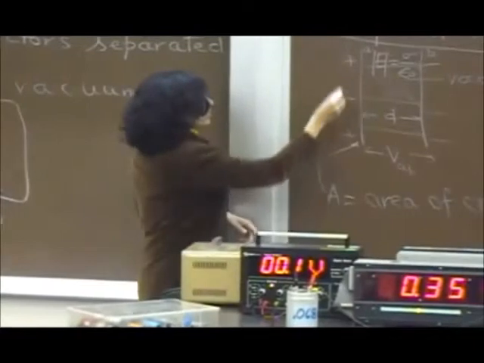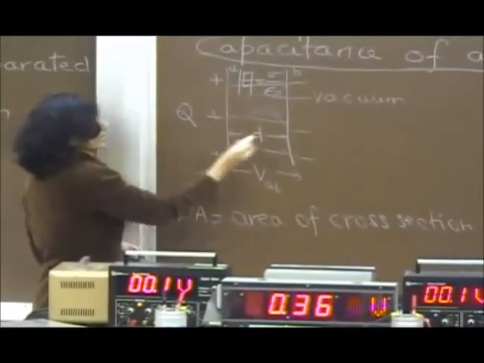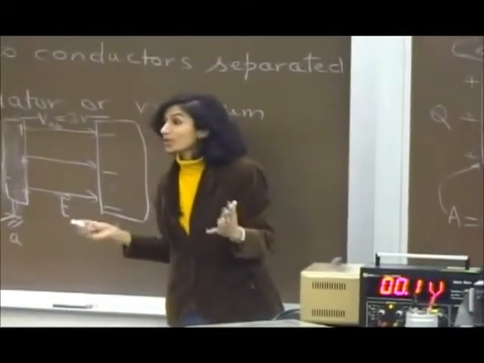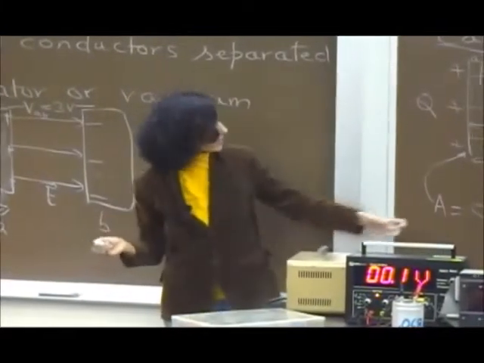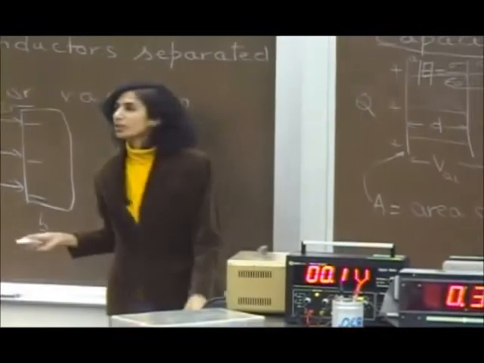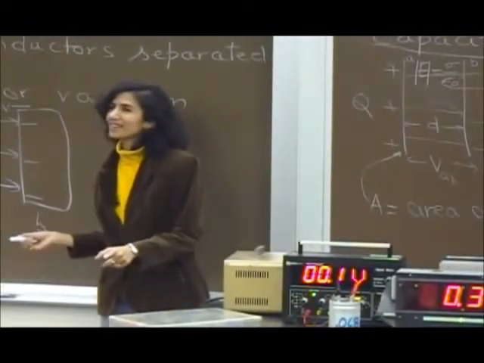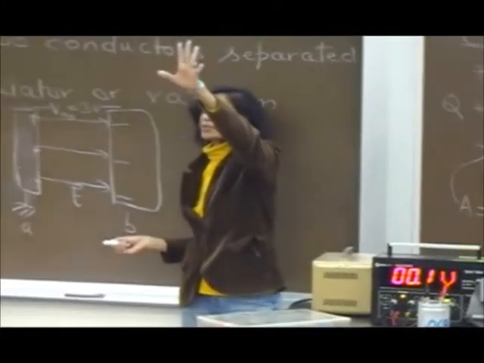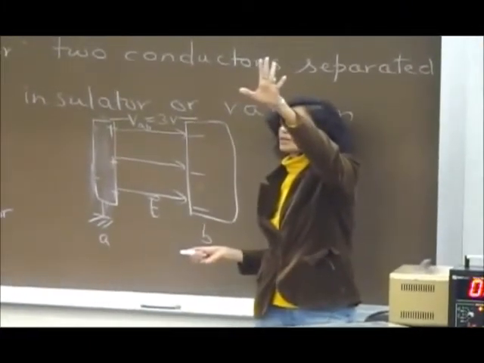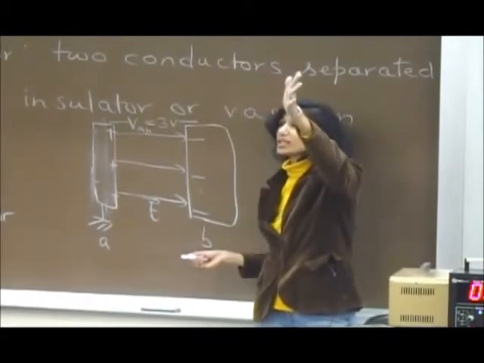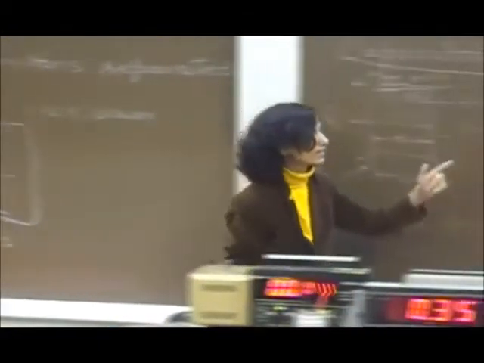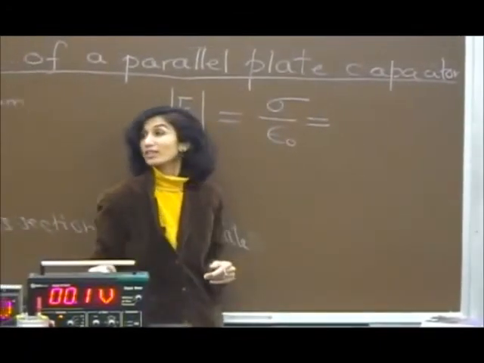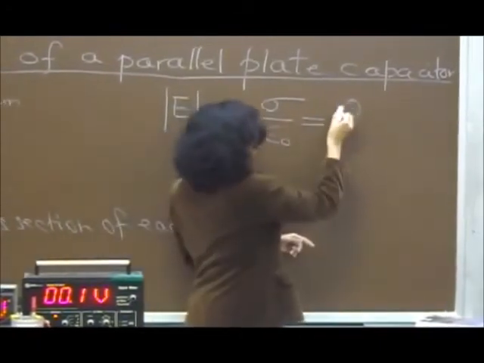Suppose the charge on this plate is Q and this one is minus Q. I'm worrying about how much is the charge per unit area, right? If area of the plate is A, Q is the charge, sigma would be? Somebody from the last row. Sigma is what? Charge per unit area. So what can I write sigma as? Can I write it as Q over A? Okay, good. Very good.